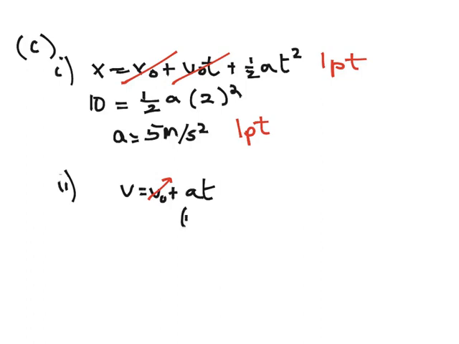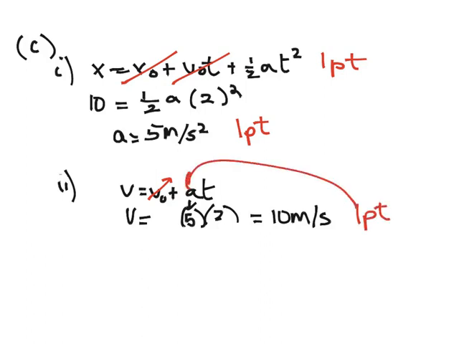And for correctly plugging in your answer to this third equation, so if you got your answer wrong to part 1, but you plugged it in correctly underneath the a and then multiplied by 2, that is where the point is. So you get 10 meters per second. So there's 1 point associated with this, but it's for correctly plugging your answer from 1 into 2.